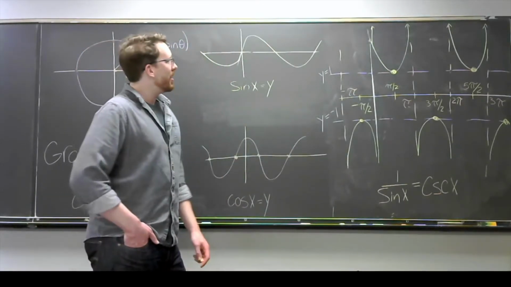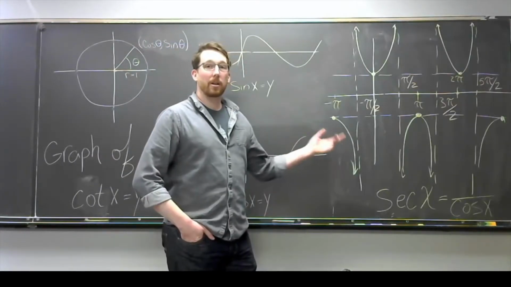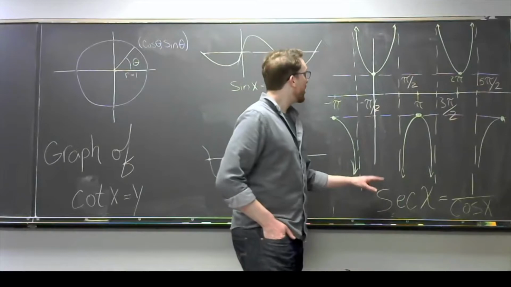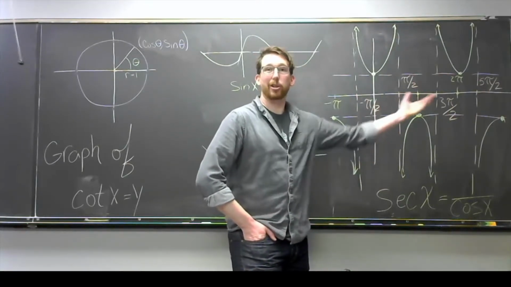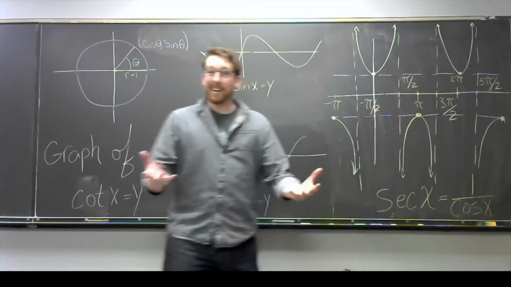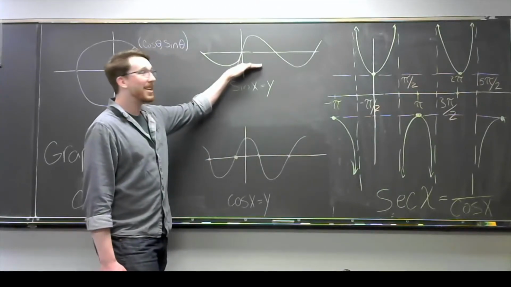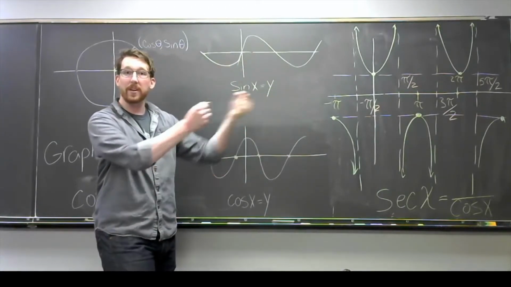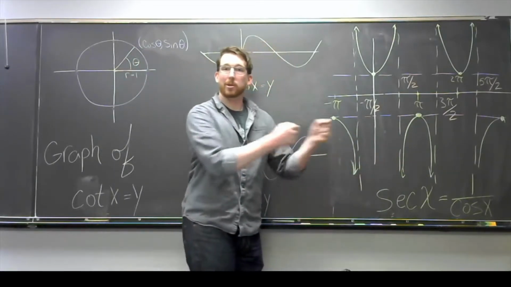Having said that, let's look at secant now. So for the graph of secant, it pretty much looks like the graph of cosecant, right? Just shift it over. That's pretty much the idea. In the same way that cosine and sine look pretty much the same, just shifted, secant and cosecant are going to look the same, just shifted.